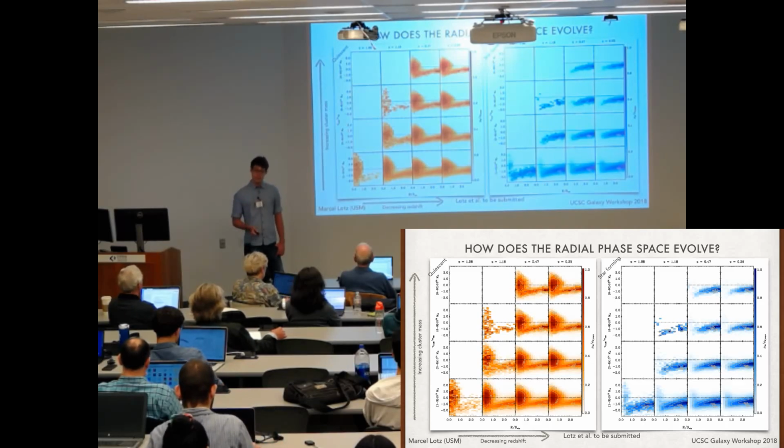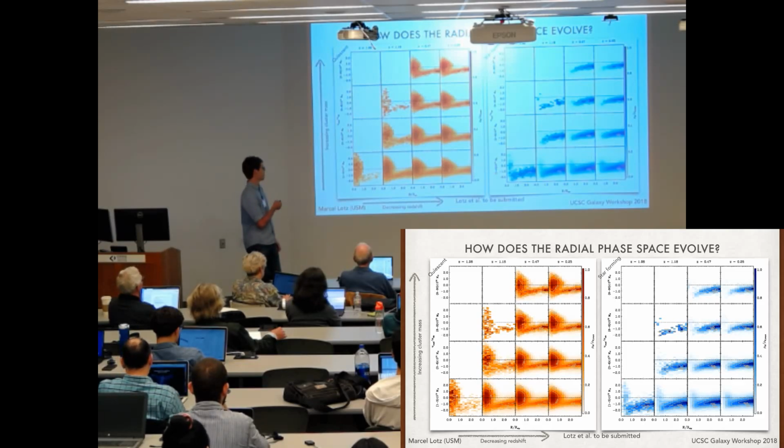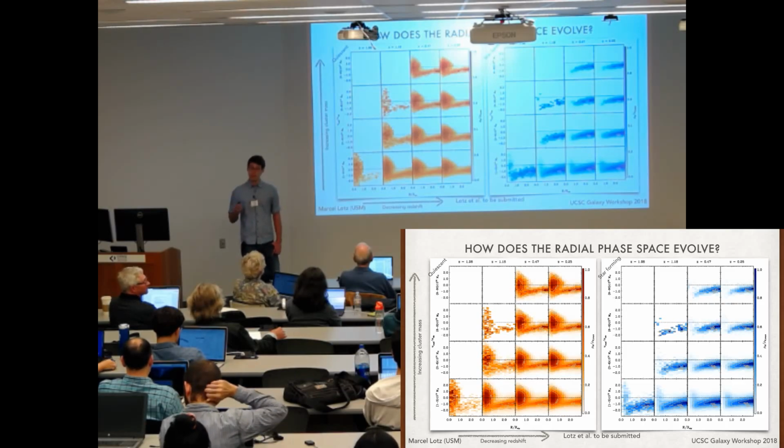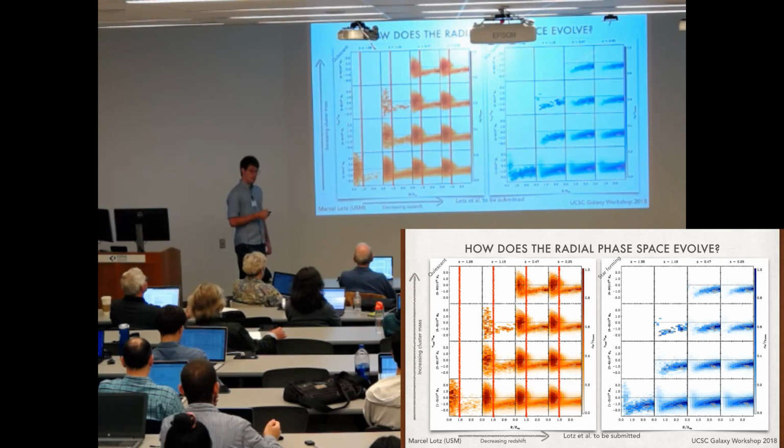But what's cool about the simulations is that we can look at the radial phase space, so at the radial velocities, and not only at the line of sight. So we can actually look at what's happening specifically with respect to the spherical geometry of these objects. What you see is, similar to the projected or line-of-sight phase space velocity, the majority are located in the cluster.